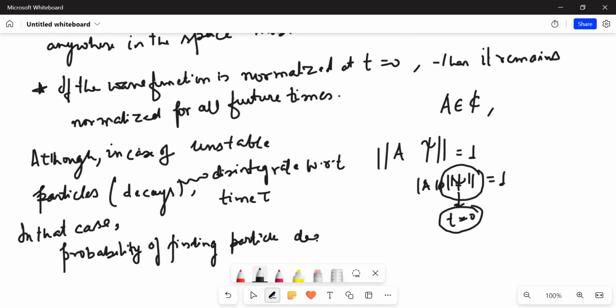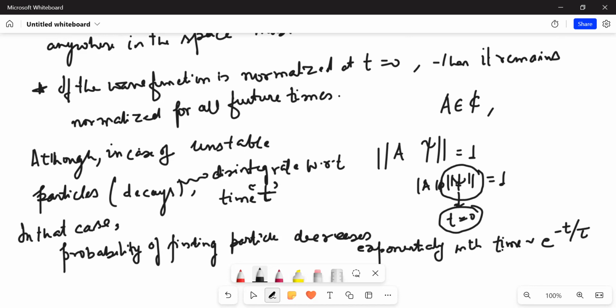Rather, it decreases exponentially with time. Let's say this is t. This is with respect to time t. Exponentially with respect to time. Okay, this is what we have seen.